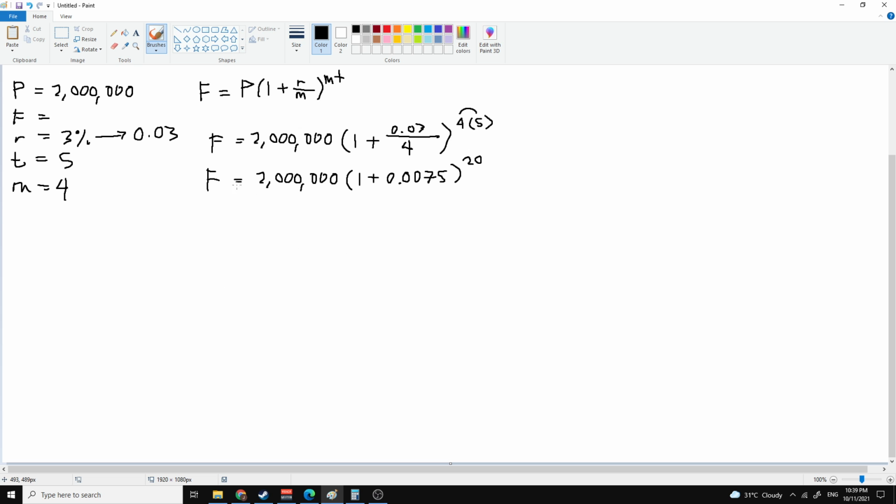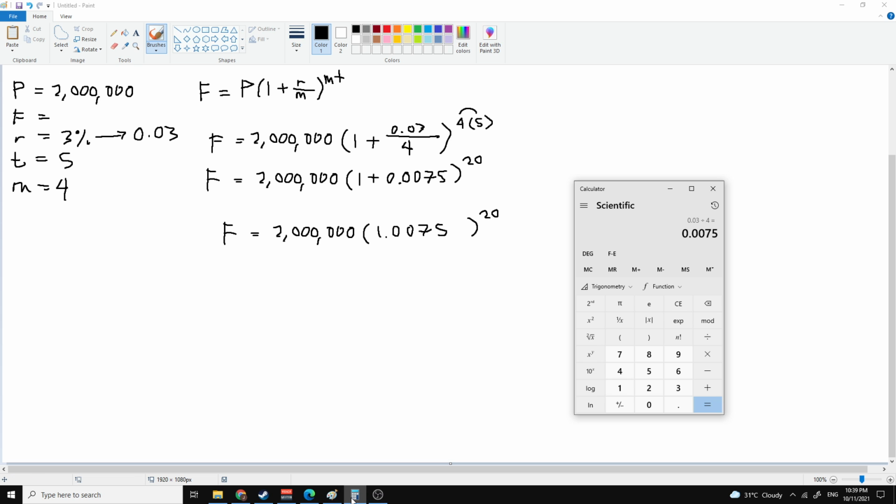Because now all we have to do is add those numbers together. If we add those numbers together, what do we get? So it's going to be 1.0075 to the power of 20. So what is 1.0075 to the power of 20? Okay, 1.0075 to the power of 20.